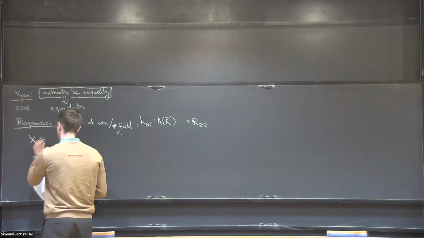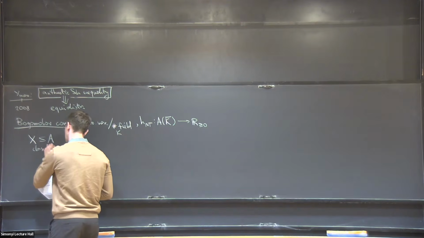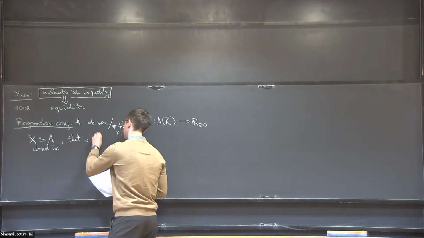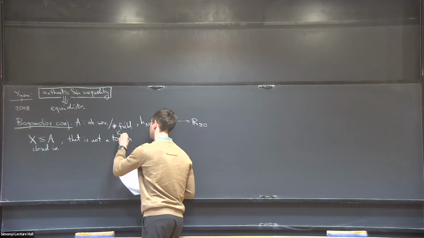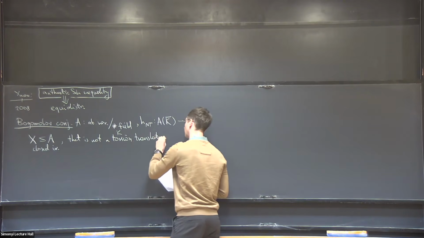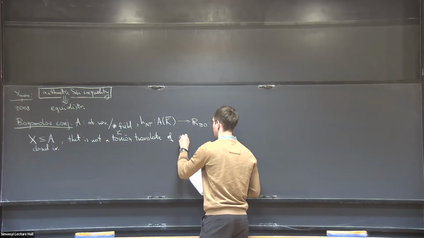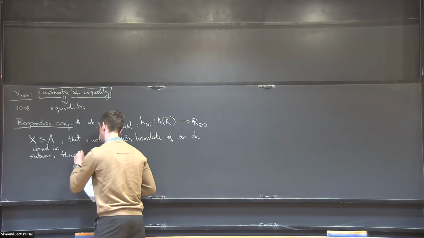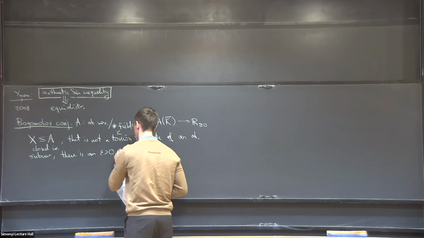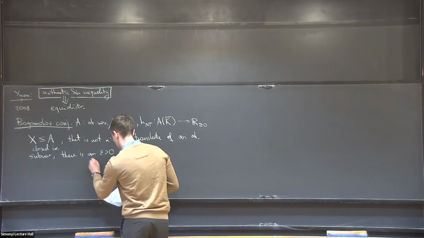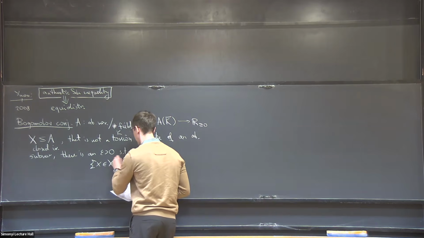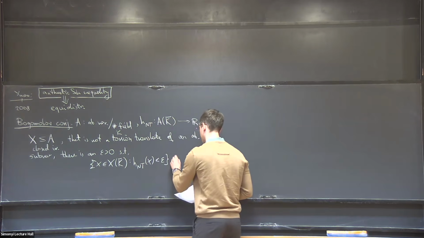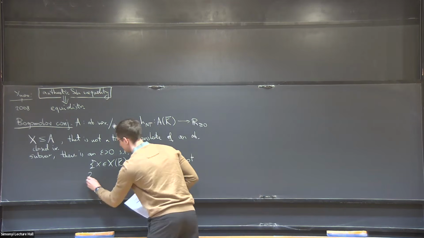And then for a closed irreducible subvariety X that is not a torsion translate of an abelian subvariety, there is an epsilon bigger than 0 such that if I look at the set of x in X(K bar) such that the Néron-Tate height of x is smaller than epsilon, then this is not Zariski dense in X.